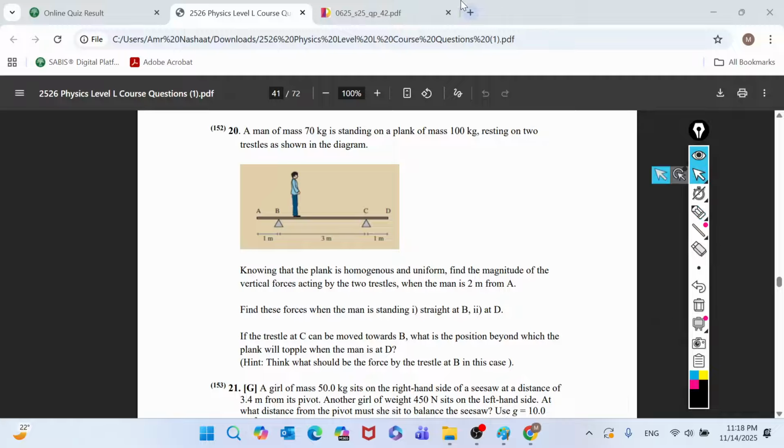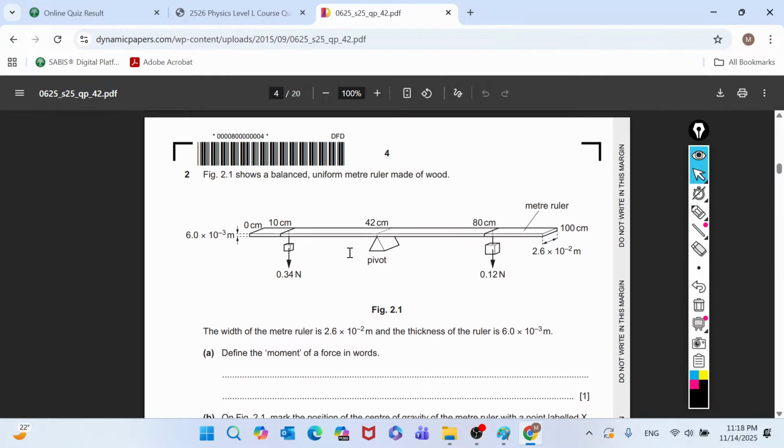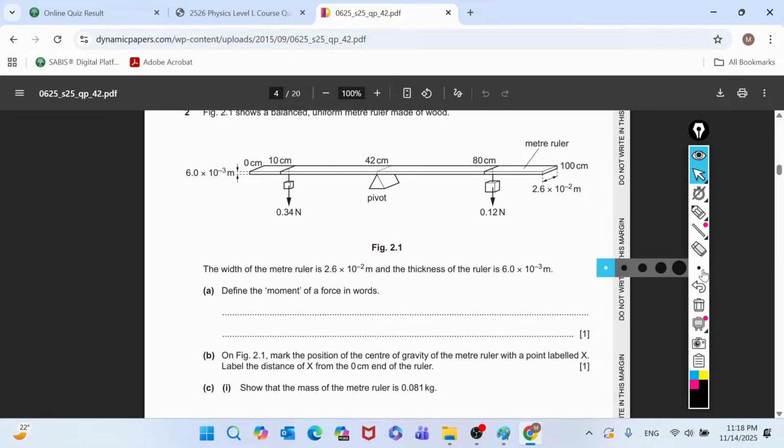Now, guys, I'm going to solve this question in the past paper. Define a moment. A moment is the turning effect of a force. You guys know that. On figure 2.1, mark the position of the center of gravity of the meter ruler with a point labeled X. Label the distance of X from the 0 centimeter end of the ruler.